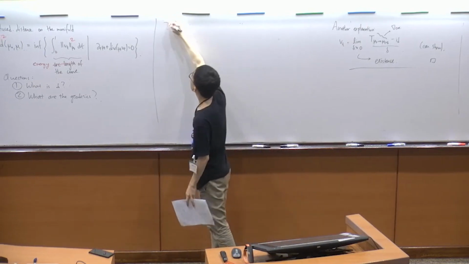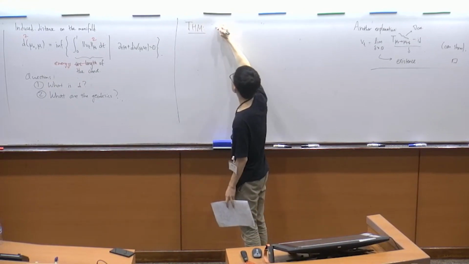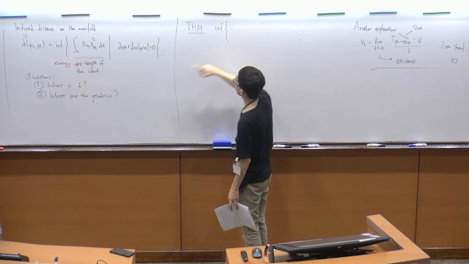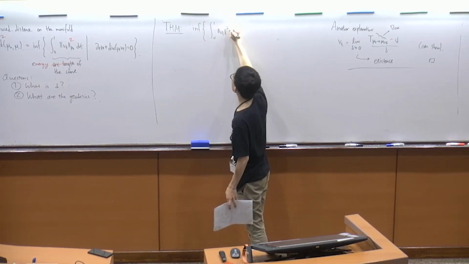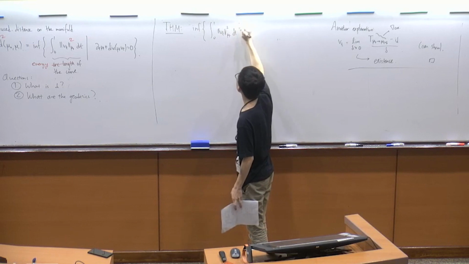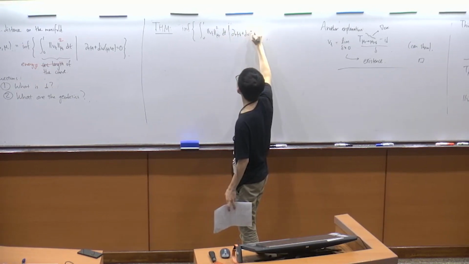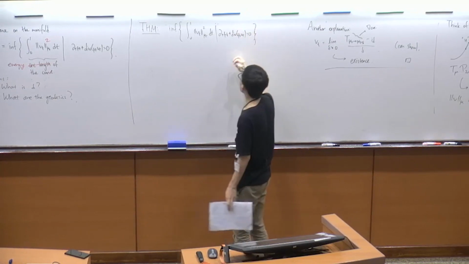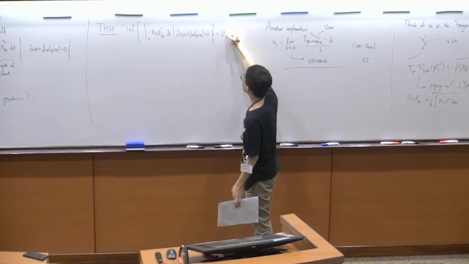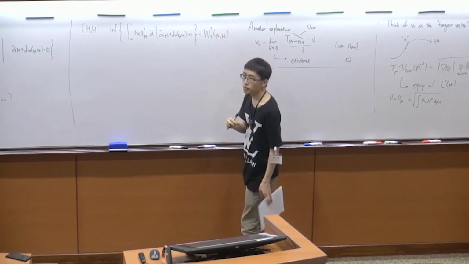Right, so here's going to be our theorem. If I write down this variational problem, the integral of the squared norm of vt, dt, over all curves joining mu0 to mu1, then the value of this problem is exactly the Wasserstein distance between mu0 and mu1.